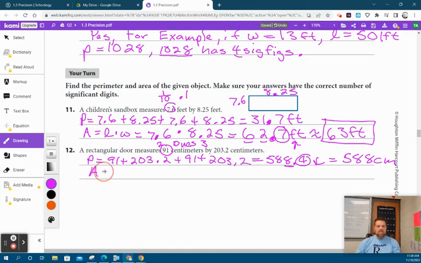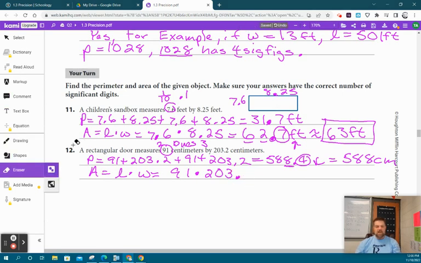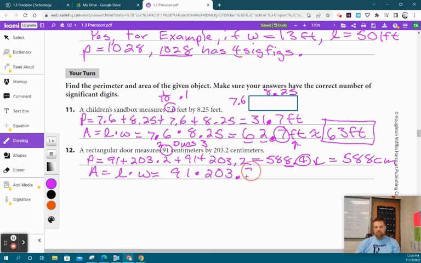To do the area, same thing, length times width. We're going to say 91 times 203.2. Whoa, we just went bonkers with that one. My computer wasn't able to keep up with my speed, my handy dandy math calculation speed.